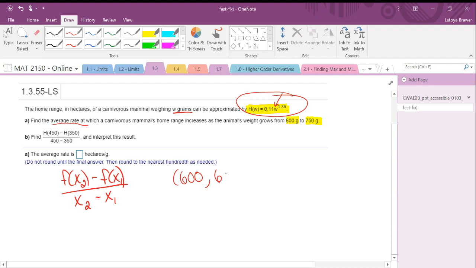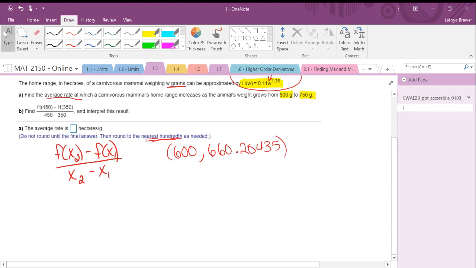So the output here is 660.20, and there's a lot of decimals there. It tells me to round to the nearest hundredth for my final answer. So I'm going to put a few extra decimals here just to make sure that when I round off at the end, I don't round off incorrectly.